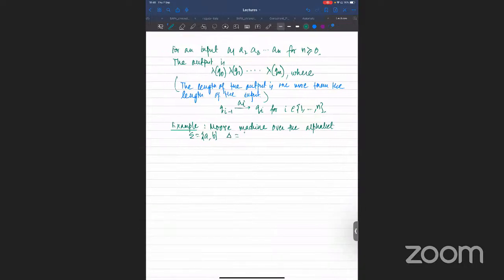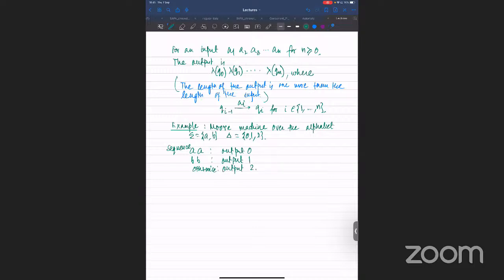There is a delta, which is of the form 0, 1, 2, and the behavior should be the following. If you see the sequence AA in the input, it should output 0. If you see the sequence BB somewhere in the input, then output 1, and otherwise output 2.